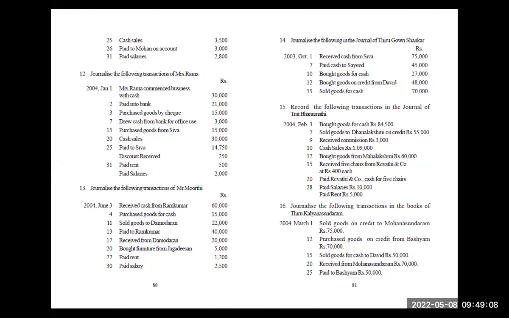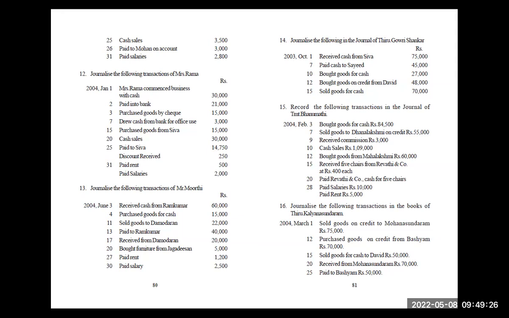Rent account DR 500, salary account DR 2000, to cash account 2500. Very good. Being rent and salary paid. Any doubt up to this?